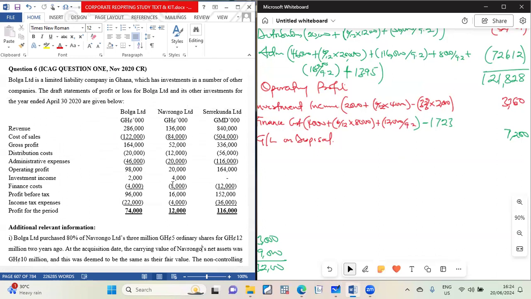All right. So for my finance cost, what I'm having is 7,581. So that is finance cost. So everything is done. Let's close out.